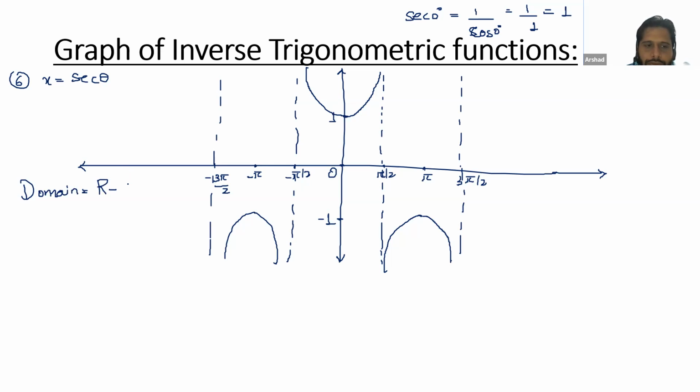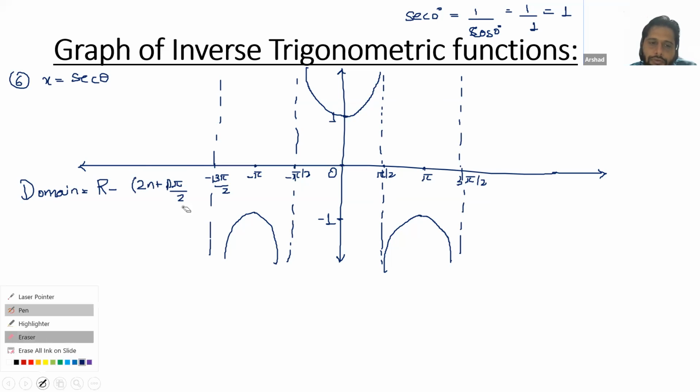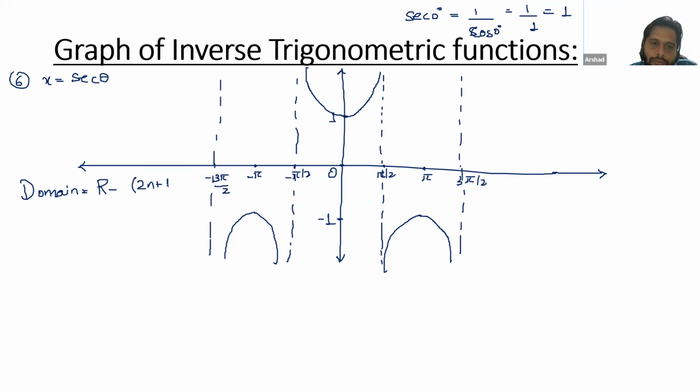What is the domain of this? So R minus n pi. Not n pi, please check here. This does not exist for pi by 2. So R minus 2n plus 1 pi by 2. That's why we are writing 2n plus 1.